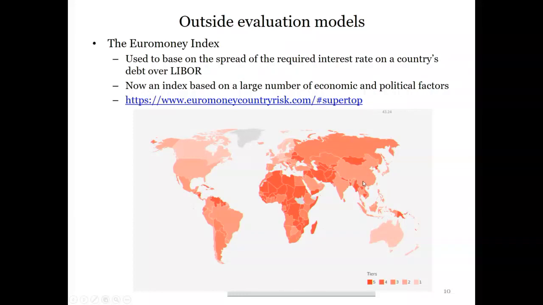We also have China. Is it 2 or 3? And those African countries, South America, and around here, they all have about 5. So the most risky countries are the Middle East countries. All right, so that's just a little bit of an idea about this.